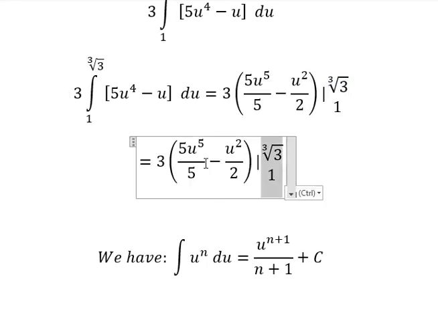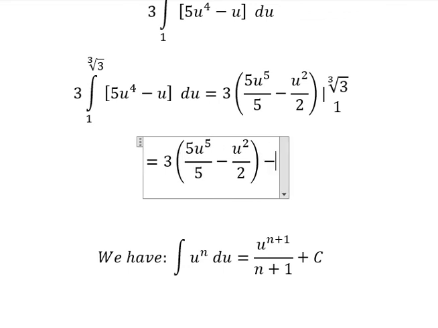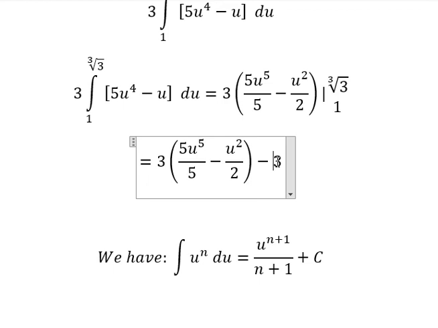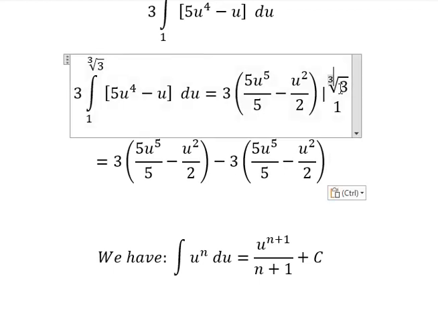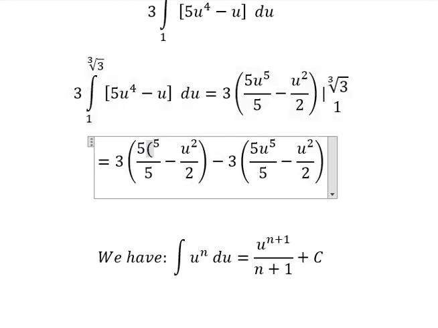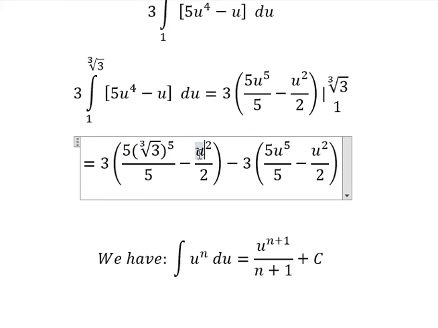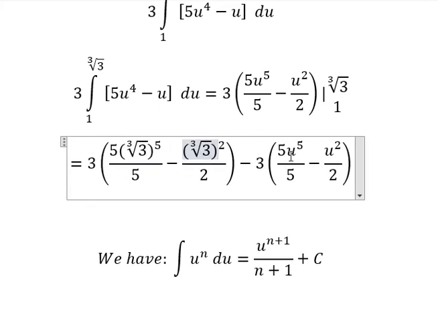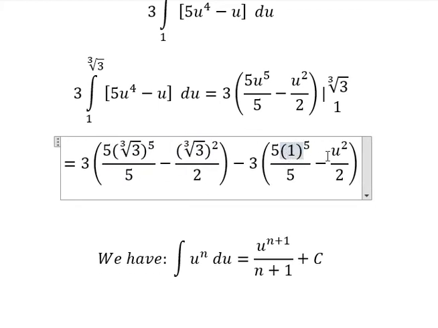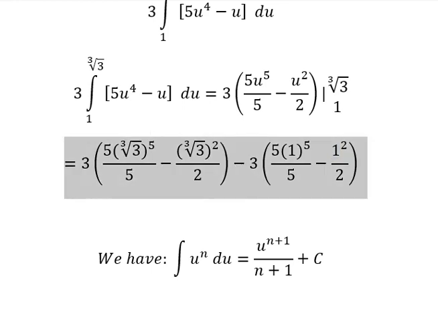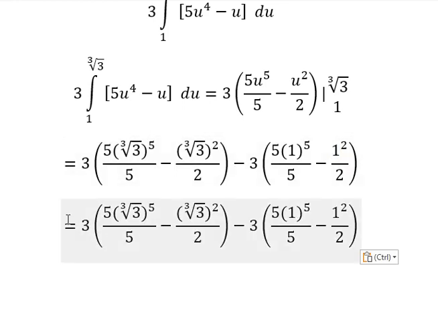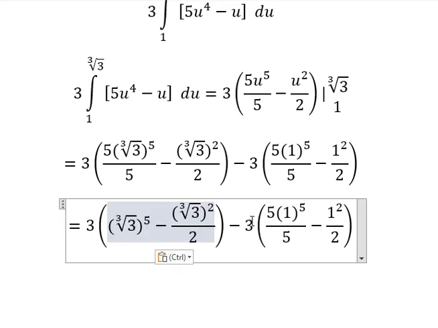So I will put this one in here, 1 in here. So 5 divided by 5, we have 1. This one we calculate, and we have 3 over 2.